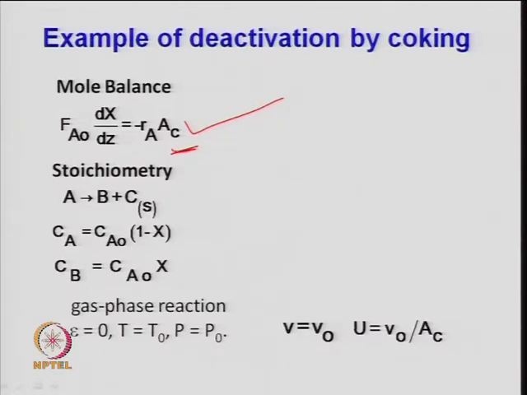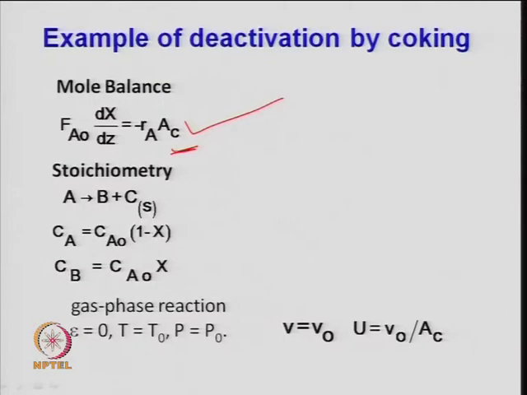Because C is a solid coke which is deposited on the catalyst and this is your B which is a gas phase, there is no change in the volume of reaction, right. So, the fractional change in volume is 0, so your epsilon is 0, right. So, there is no change in volume of the reaction.